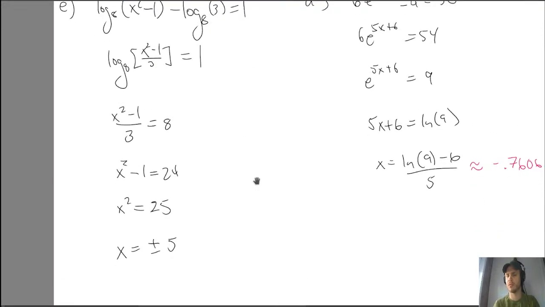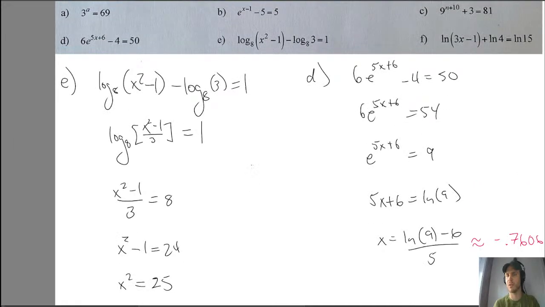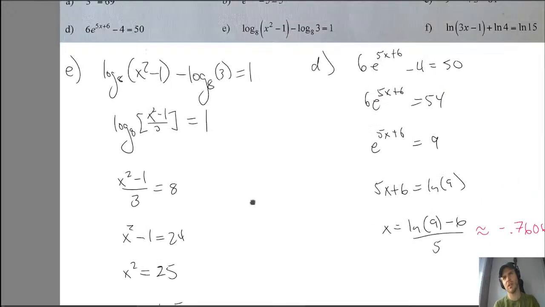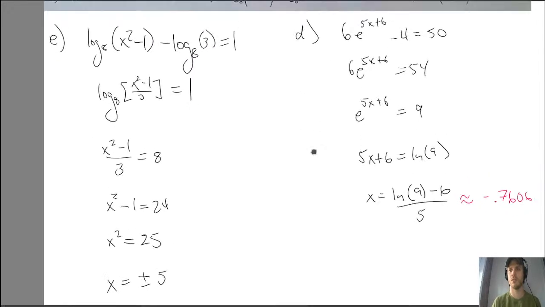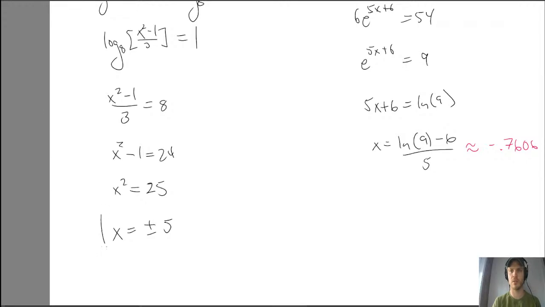Okay. 25 minus 1 is 24, yep, this is good. 24 divided by 3 is 8. And log base 8 of 8 is 1. Yeah, that's right. So both of these are good solutions.